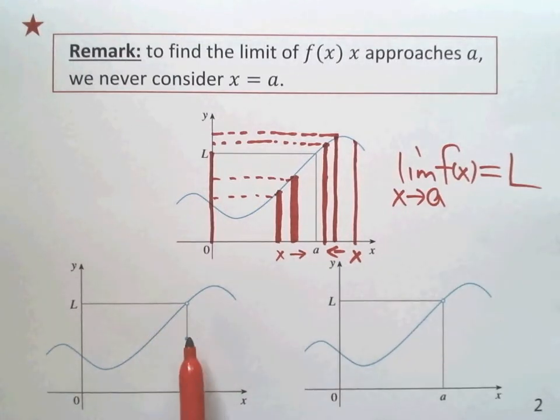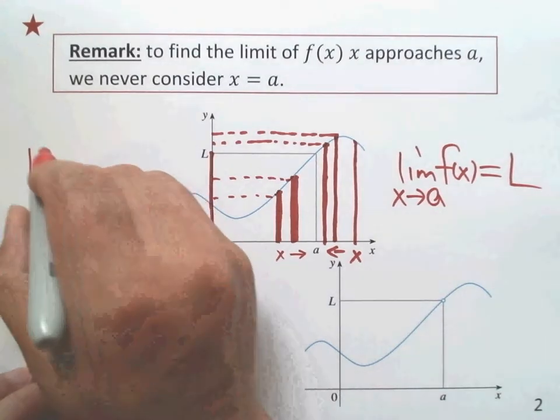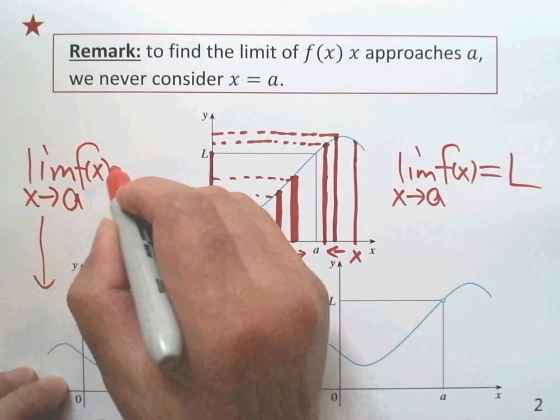However, when we look at the limit, okay, no matter x approaches a from the left or from the right, you still have to follow the same. And from here, we also find the limit of f(x) as x approaches a still equals L.